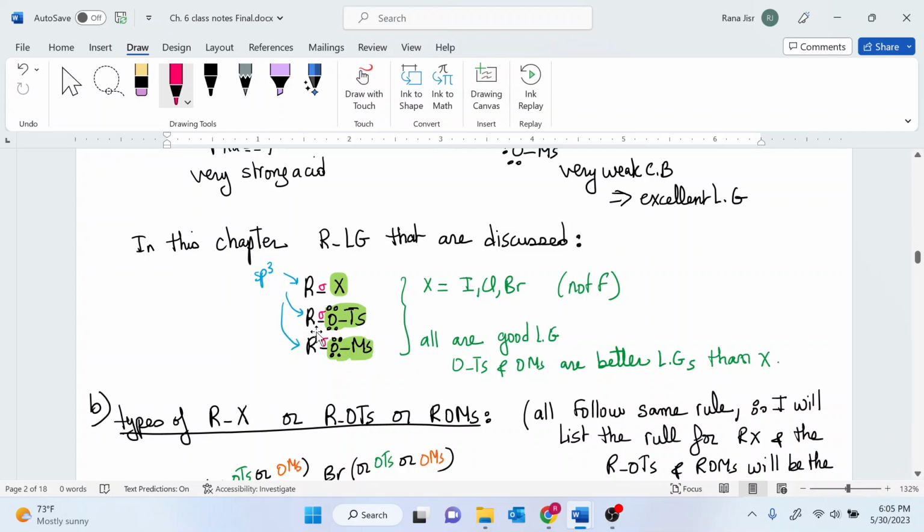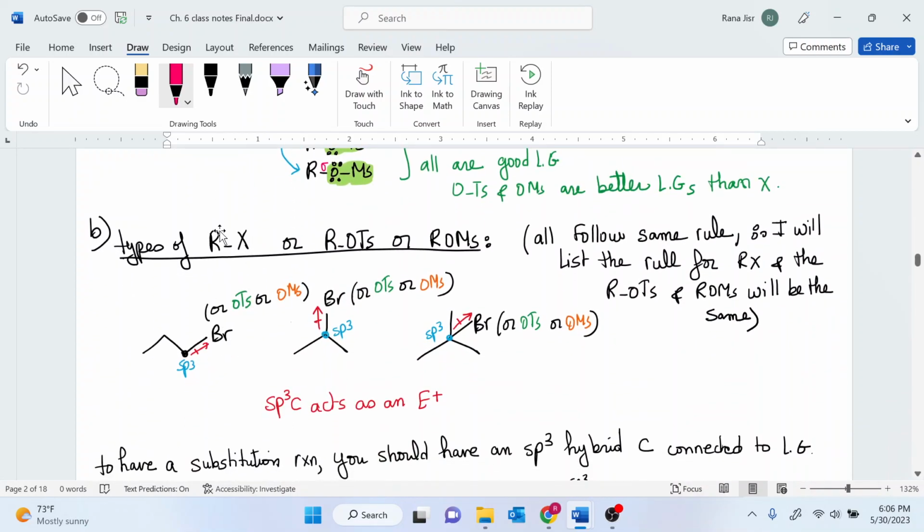So let's say, for example, I start with an ROTS versus an alkyl halide. The OTS is a better leaving group because it's a weaker base than the halogen. So this is why the speed of the reaction involving the ROTS will be faster than the reaction involving the alkyl halide.